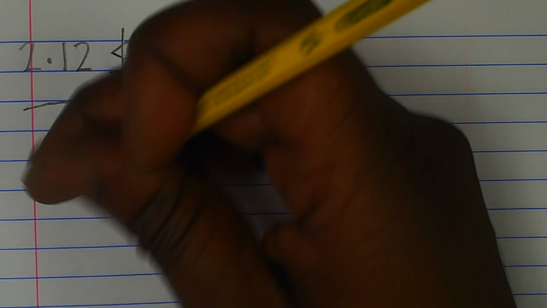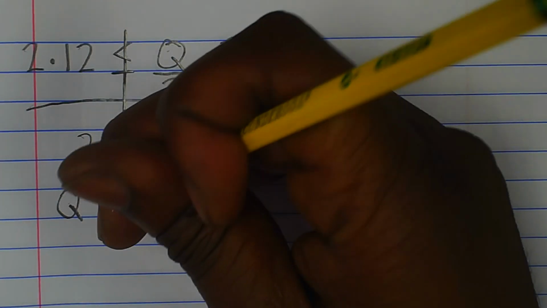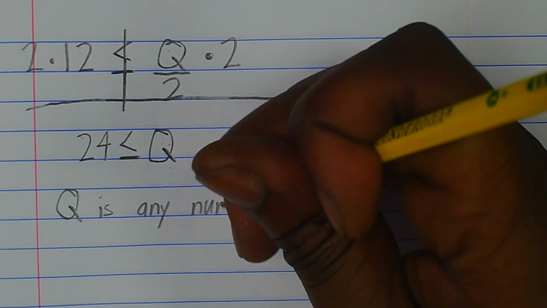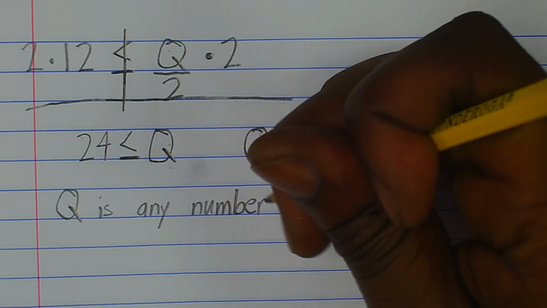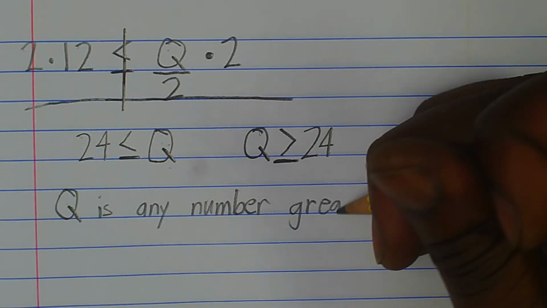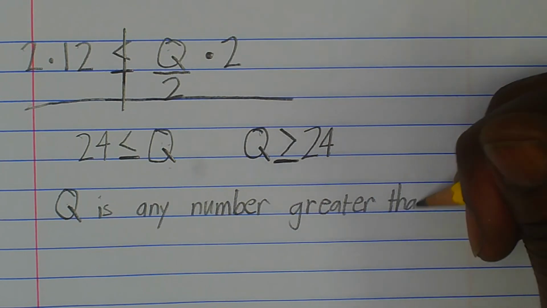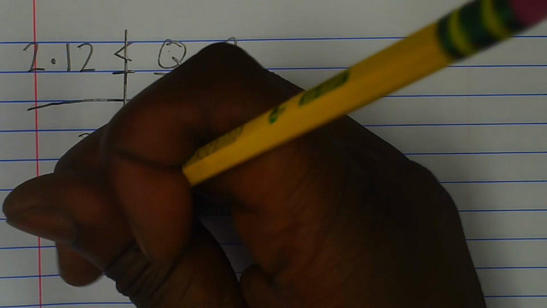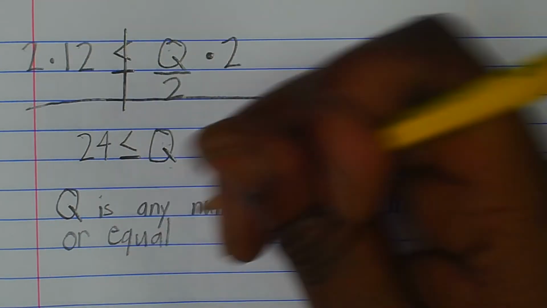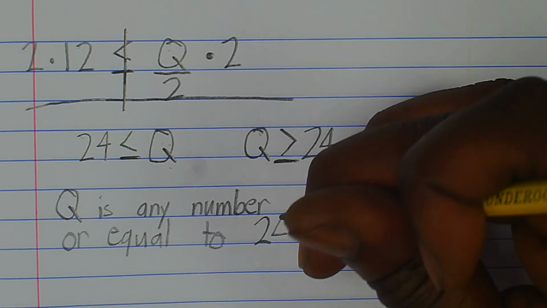So that means Q, and I can write this out as a statement, is any number greater than or equal to 24.